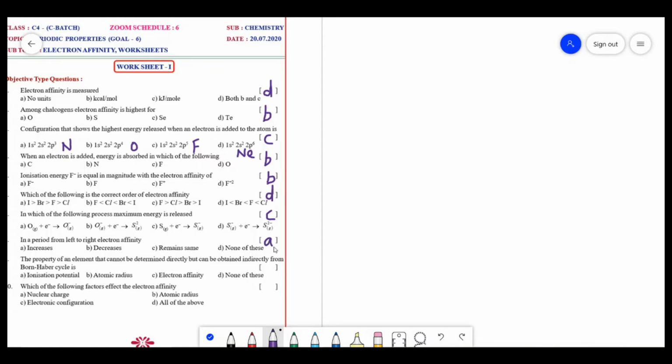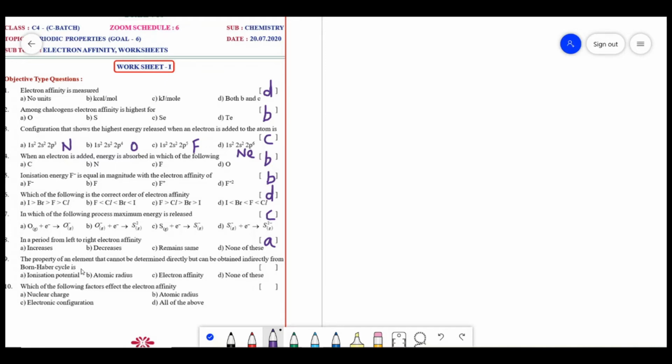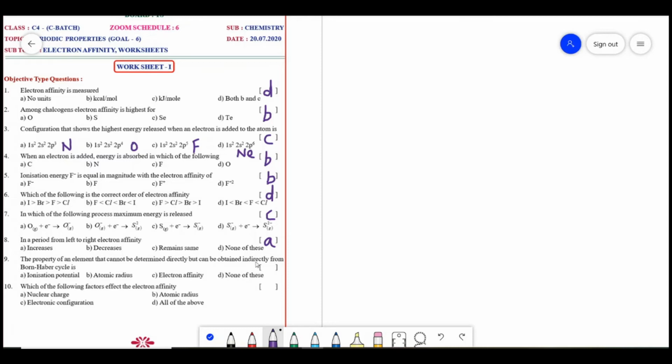So it is A. The property of an element that cannot be determined directly but can be obtained indirectly from the Born-Haber cycle is electron affinity.